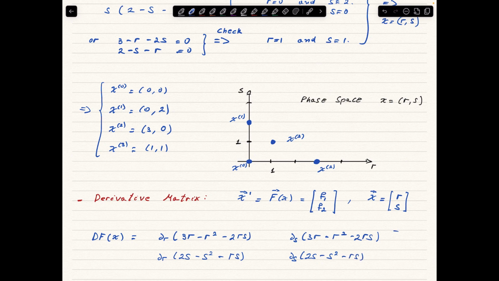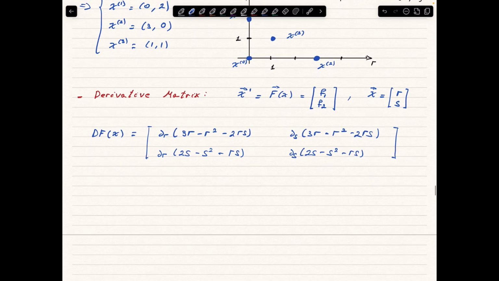So that is going to be our derivative matrix. And if we do the calculation of the partial derivatives, recall a partial derivative is a derivative with respect to this variable if we keep the other constant, and this is the result.